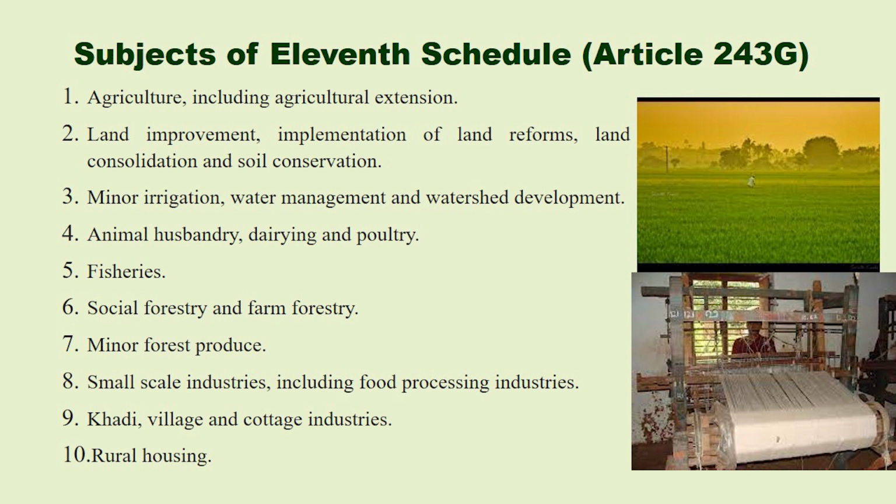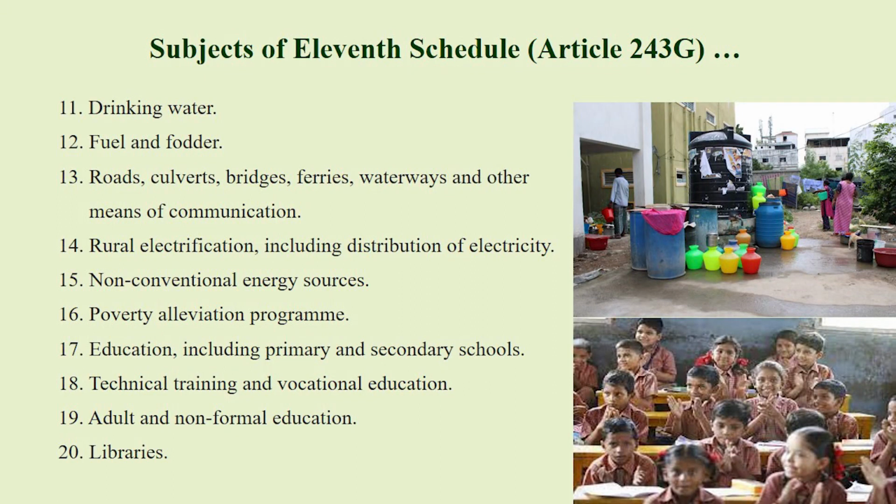It also includes khadi, village and cottage industries, and rural housing. The 11th schedule also includes drinking water facilities, provisions related to fuel and fodder, roads, culverts, bridges, ferries, waterways and other means of communications.